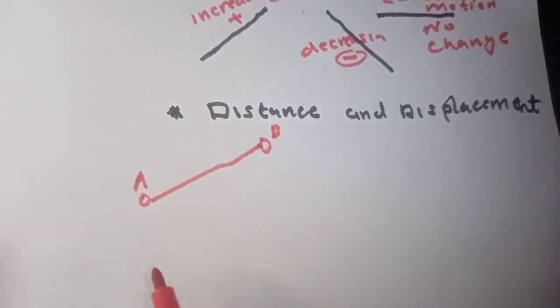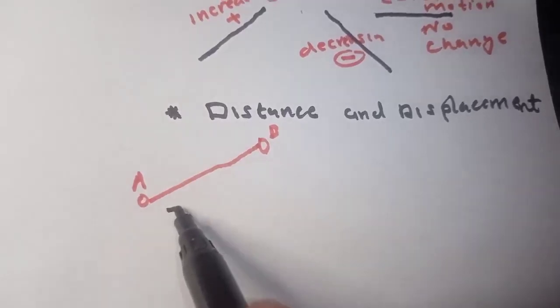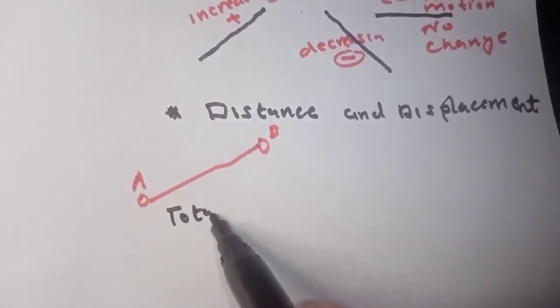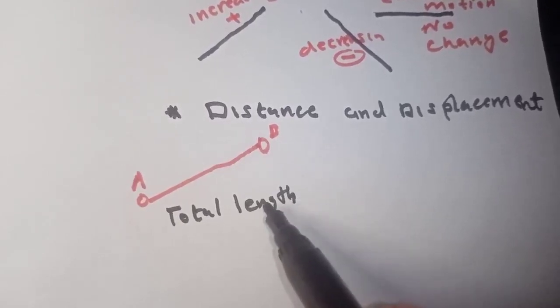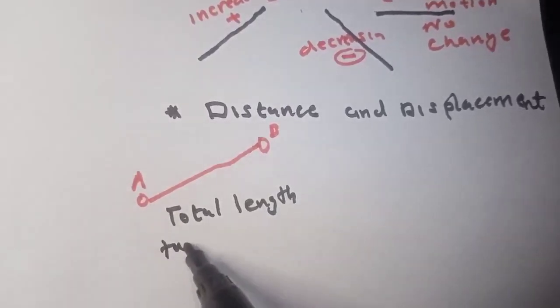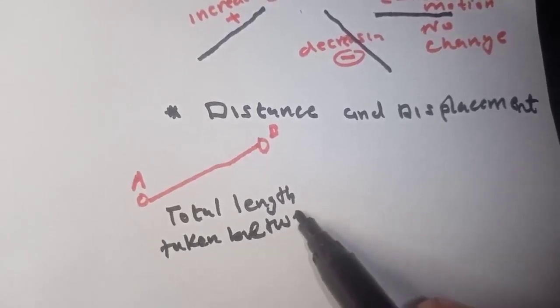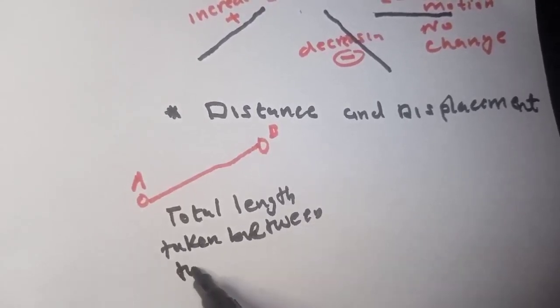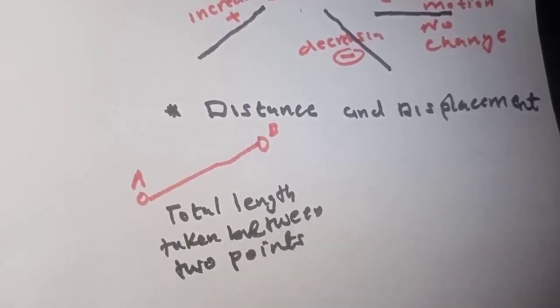So that's the definition for distance: the total length taken between two points.